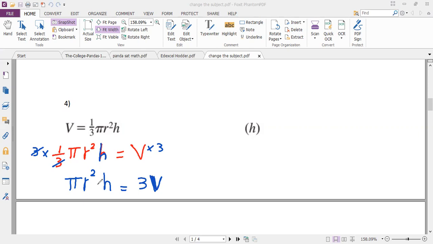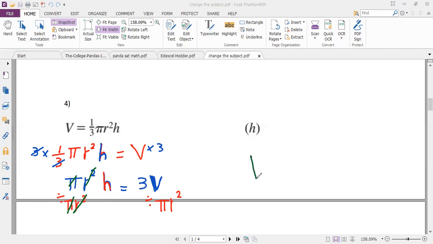How can we make H the subject? I have pi multiplied by R squared multiplied by H, so divide both sides by pi R squared. When dividing by pi R squared, you cancel pi and pi, and R squared is cancelled with R squared.